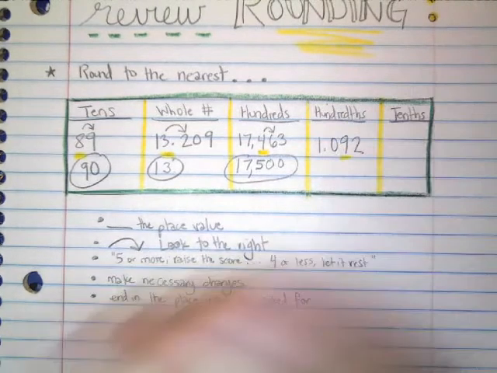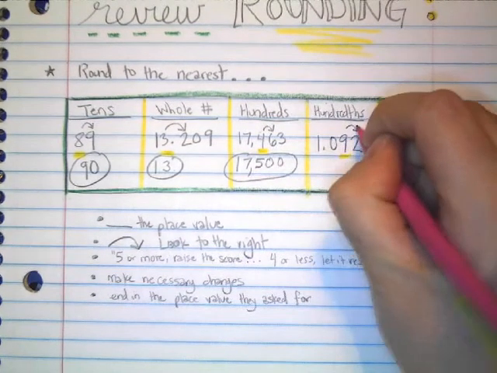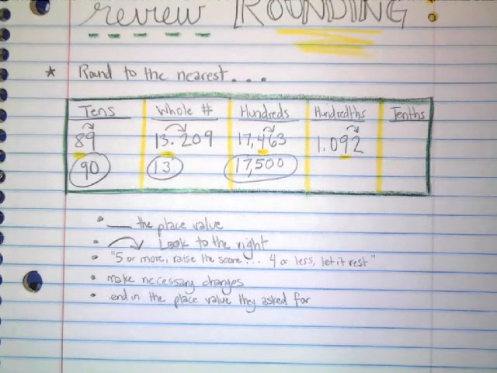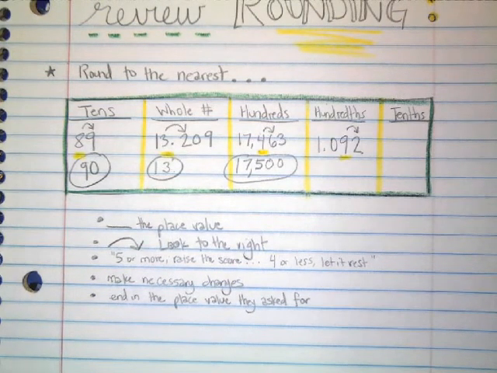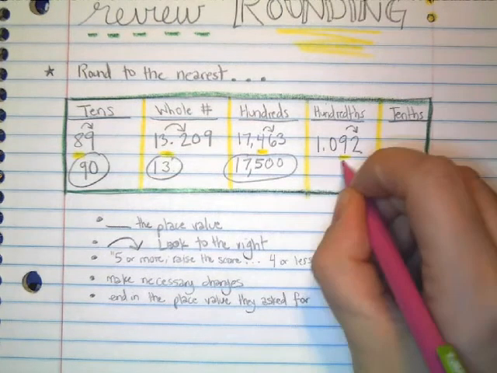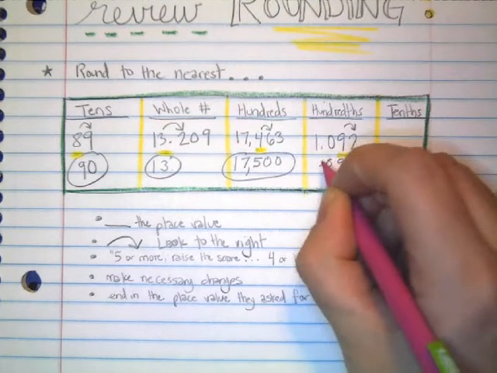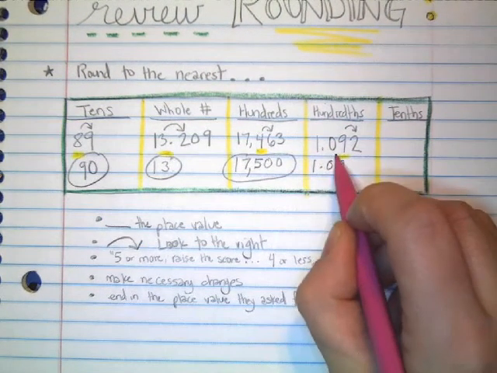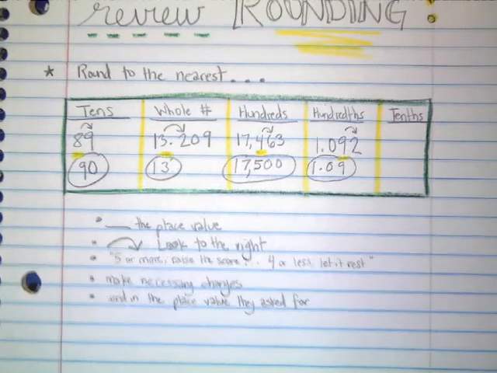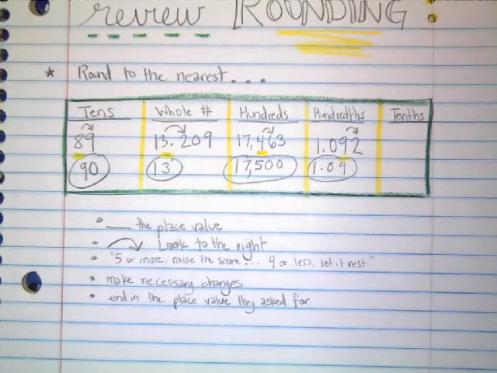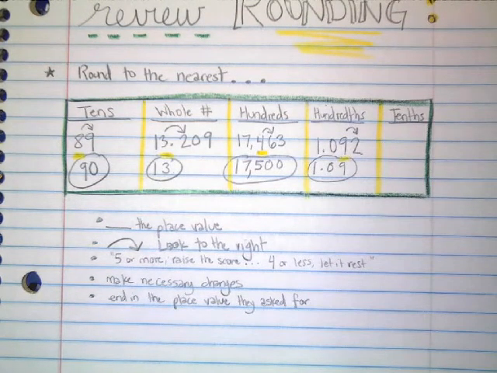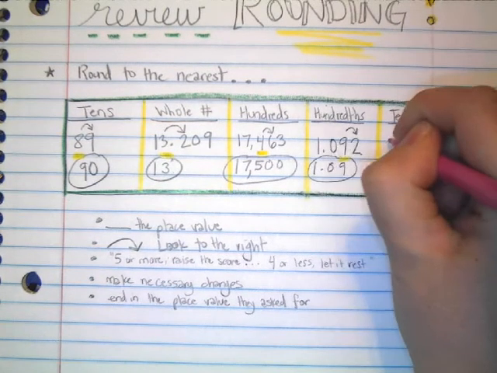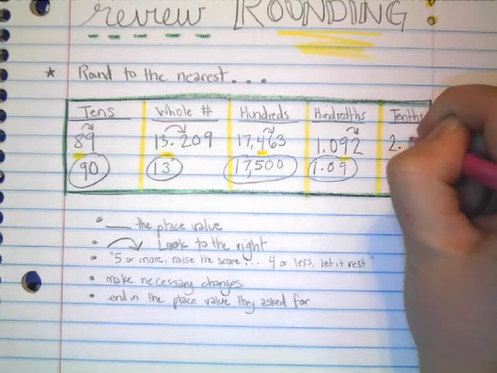So underline the 9 that's in the hundredths. Make sure you draw an arrow over to the 2. The 2 tells the 9 to let it rest. Everything in front's the same. Everything behind it disappears or changes to a 0. 1.09. And the last one, rounding to the nearest tenths.